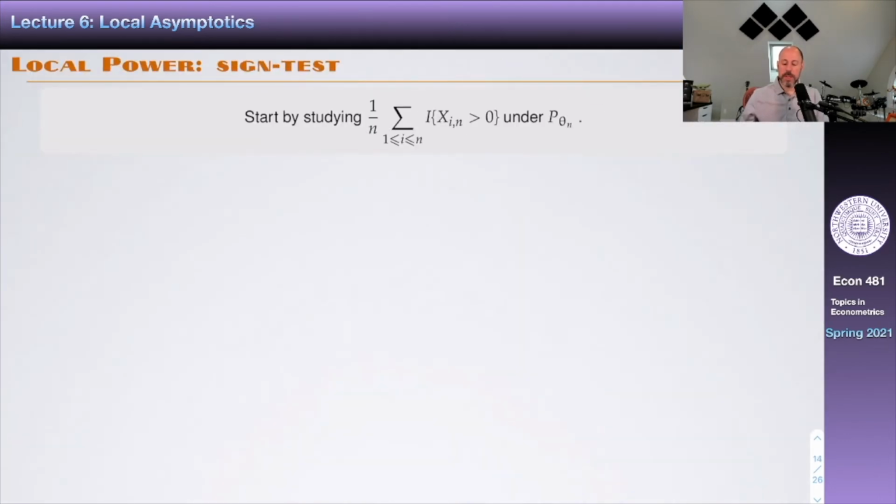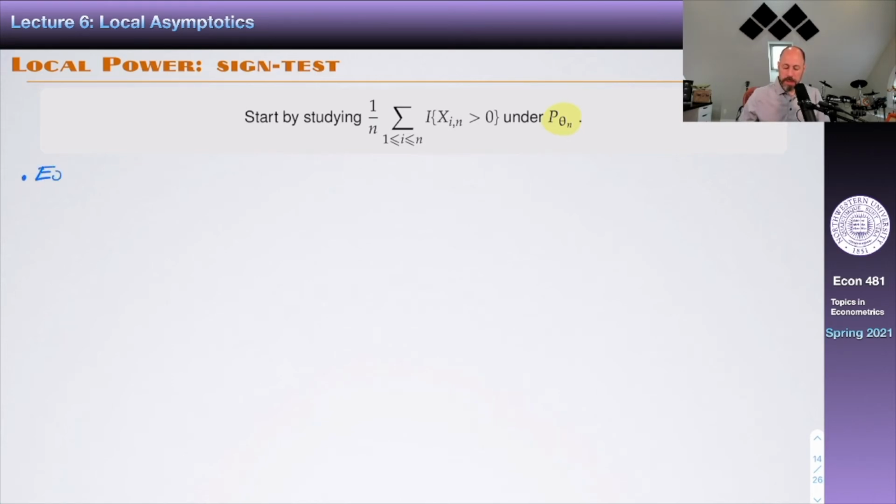Now we're going to look at the sign test. And the sign test is always more complicated than the t-test. We want to start by looking at the behavior of this type of sample average under the distribution P theta n. So we can say the following. First, we don't need to do everything again.